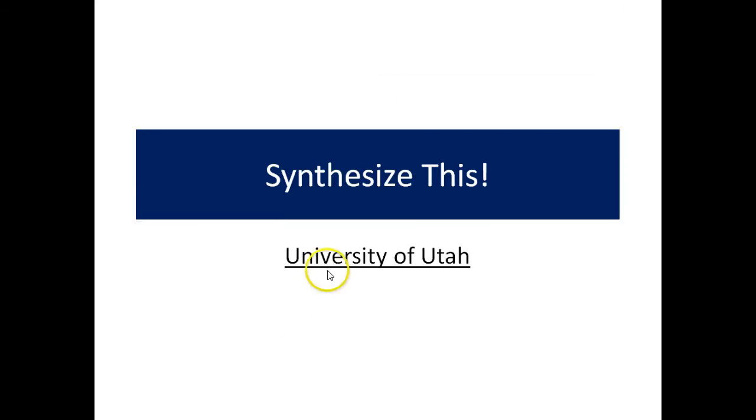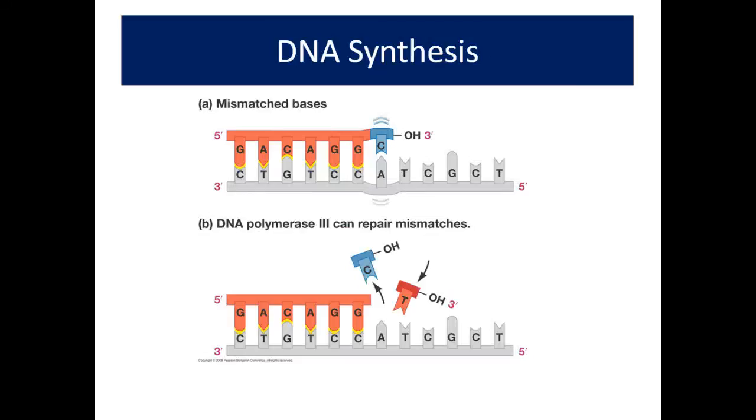But what's important is that it is during synthesis that mistakes are made. You may have DNA being synthesized or copied, and then instead of the polymerase, the enzyme, grabbing a T, which normally would pair with an A, it might grab a C, and then continue to build correctly: A, G, C, G, A. In most cases, these mistakes are corrected by a special enzyme that repairs mistakes pretty quickly.